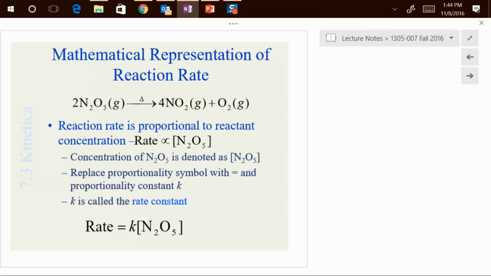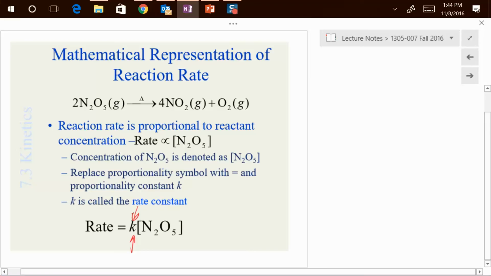Okay? So mathematically, I only have one reactant here. So in my mathematical equation here, I'm just going to have one reactant. That will be represented. Okay? That reactant at that concentration will be multiplied by its rate constant. This is the rate constant. Okay?